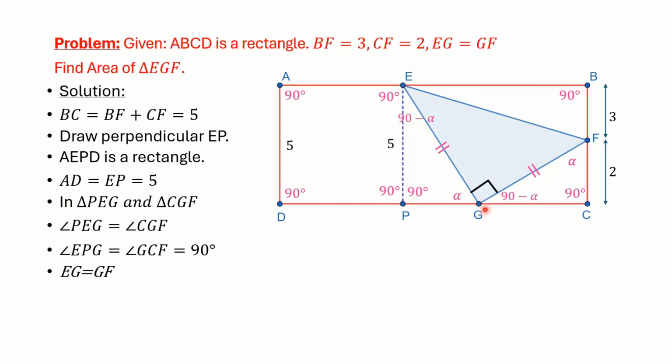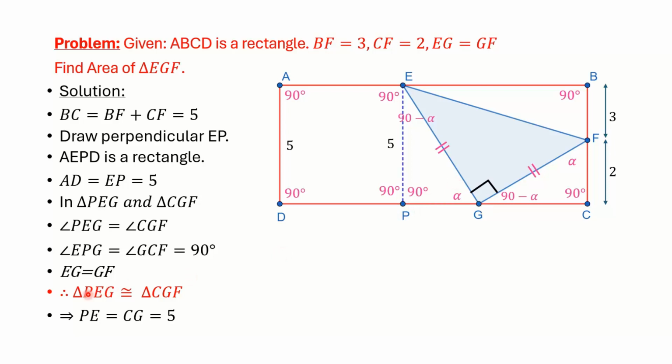And this side EZ is equal to ZF, that is given in the problem. So these two sides are equal. So from angle, side, angle, we can say that these two triangles are congruent. So triangle PEZ is congruent with triangle CGF. So from here I can say length PE equals length CG, because these two triangles are congruent.